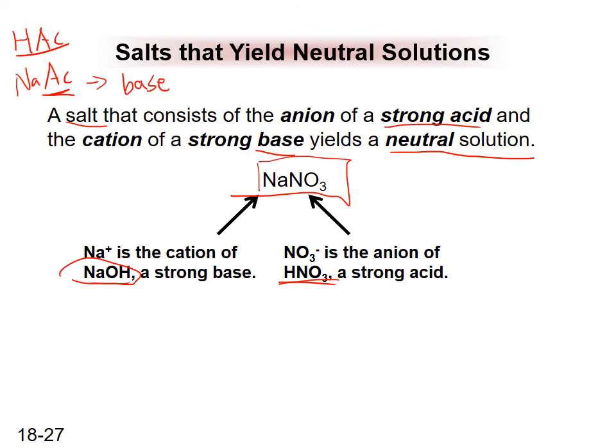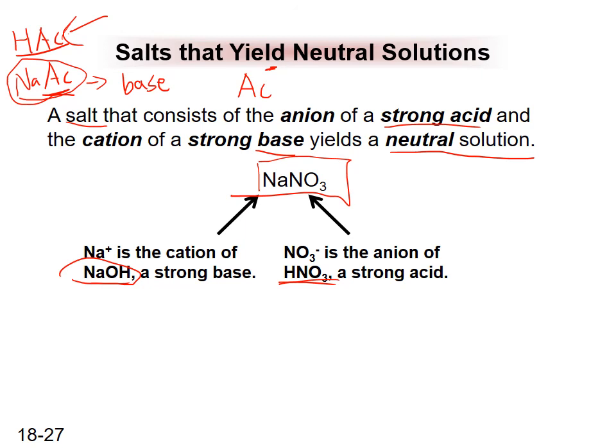Why is that? First let's look at sodium acetate. Sodium acetate has an acetate anion that comes from a weak acid. Because the acid is weak, there's an equilibrium between acetate and acetic acid.